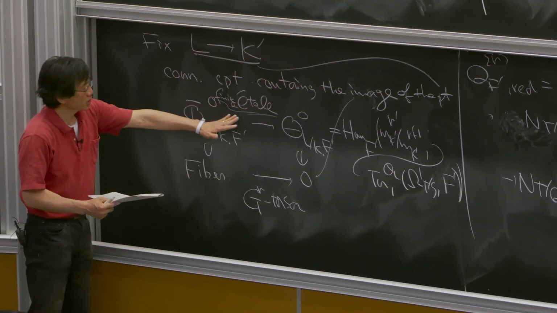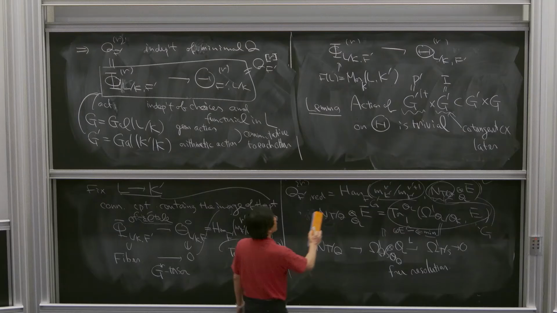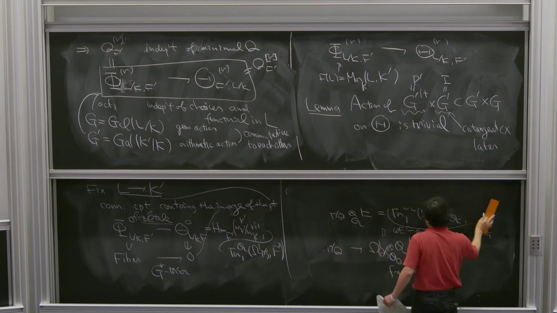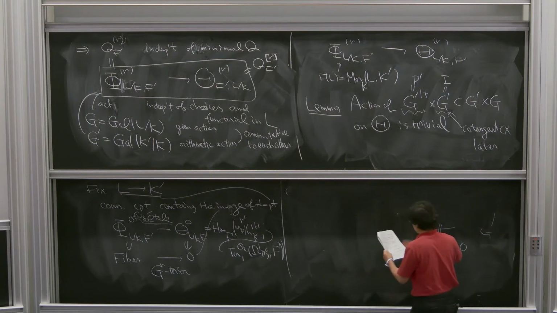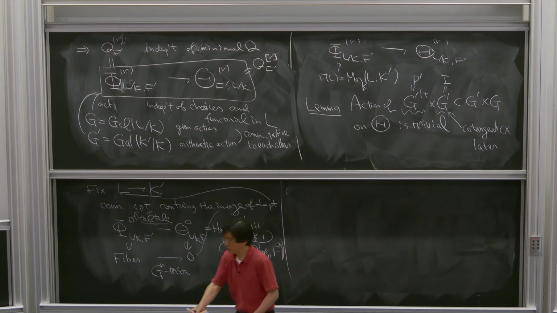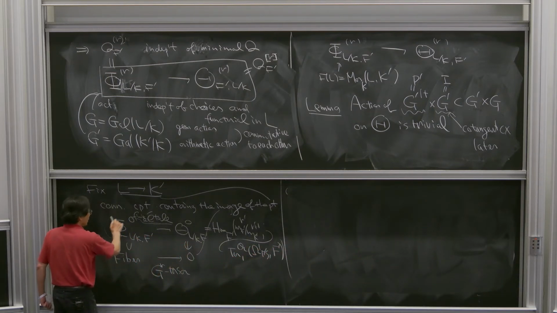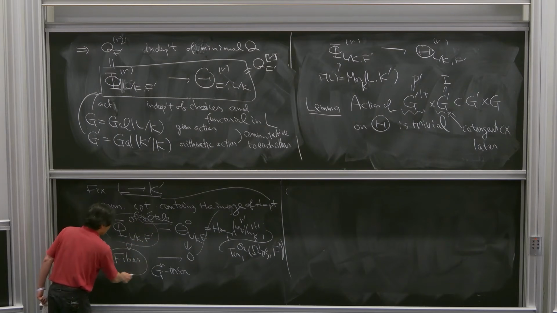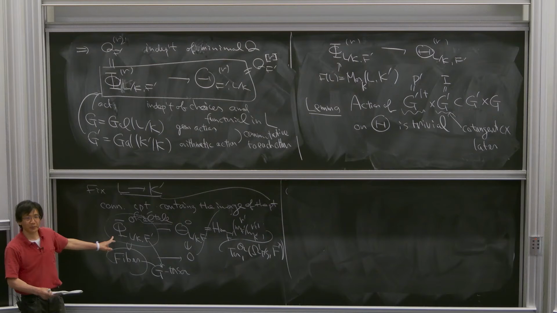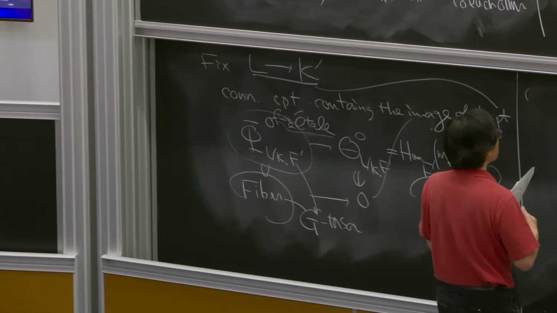And we have a natural action restricted to the connected component. And from this, the fiber and also the whole space is a G-torsor. And they are connected. So this means that we have an isomorphism.